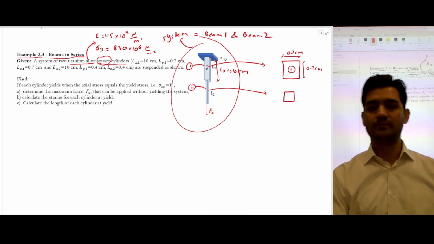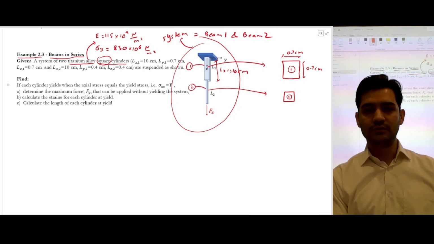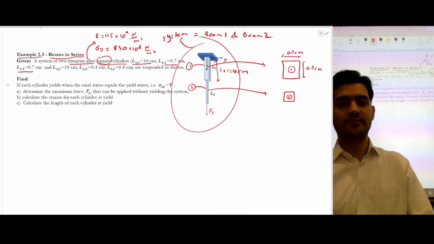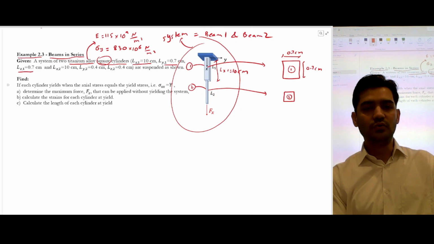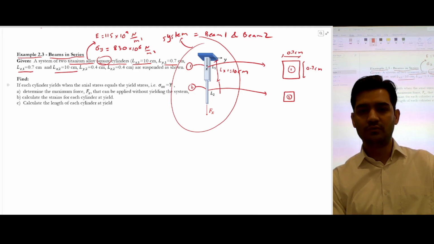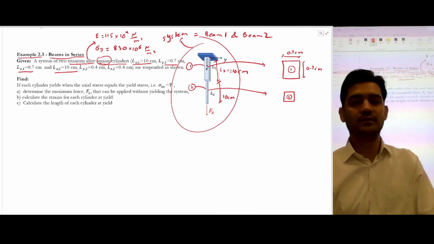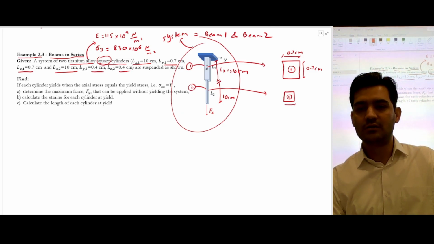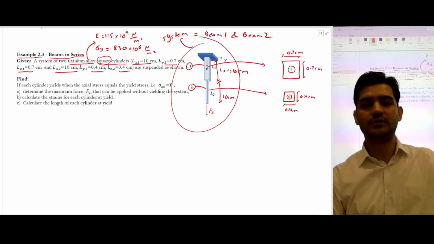And so the first beam 1 has a length 10 centimeter and it has other dimension 0.7 centimeter. And the beam 2 is also 10 centimeter in length, and the other two dimensions are 0.4 centimeter and 0.4 centimeter.